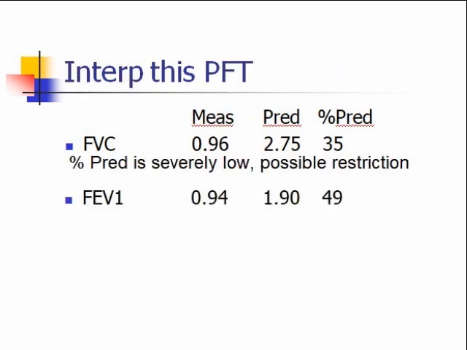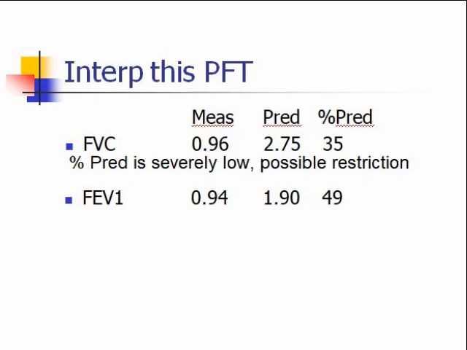Regarding the FVC, the percent predicted is severely low. It indicates possible restriction. We cannot be confident that this is a restrictive disorder until we see a TLC that shows us the total lung capacity is reduced.